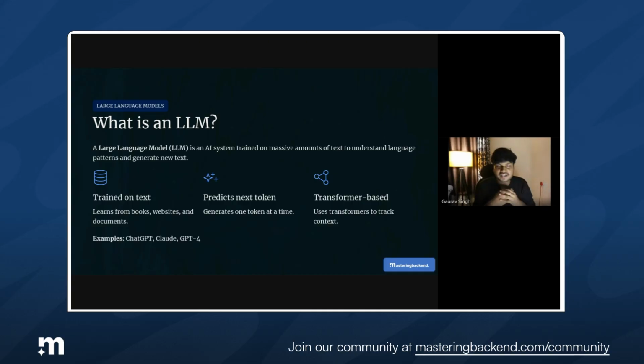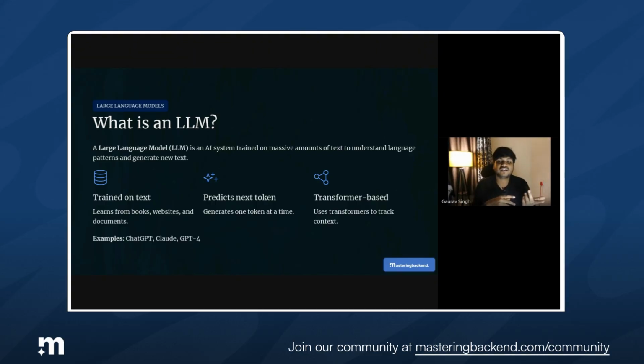You can simply understand LLM as a machine that has been trained on a lot of data by a company. Now it has the ability to learn patterns, and on that basis it can give answers. As you can see, an LLM is an AI system trained on a massive amount of text to understand language and patterns, and generate new things.